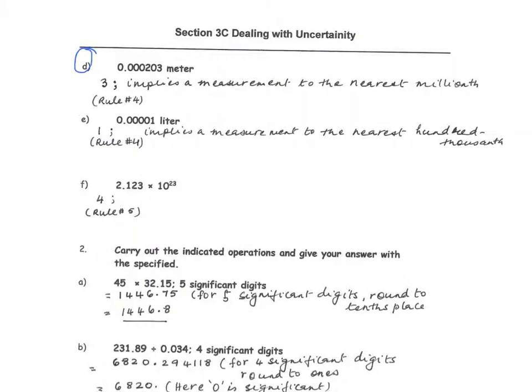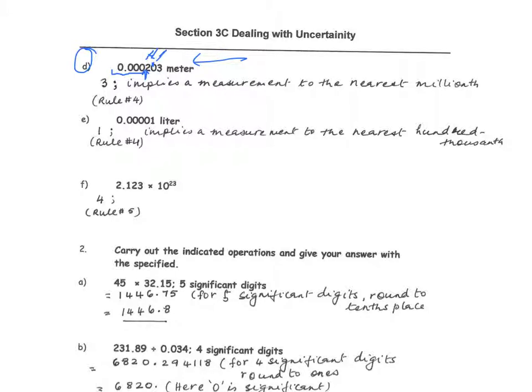So problem D, we're given another measurement. This 2 is significant, it's non-zero. The 3 is significant, it's non-zero. Any digit in between two significant digits, even if it's 0, is significant. What about the zeros before 2?